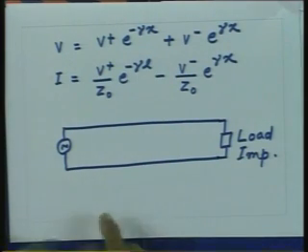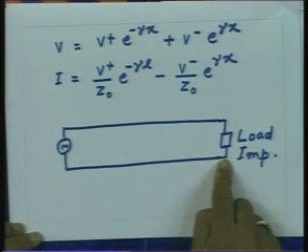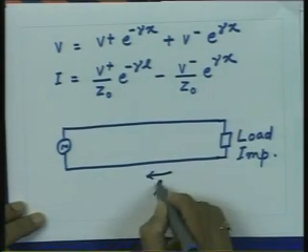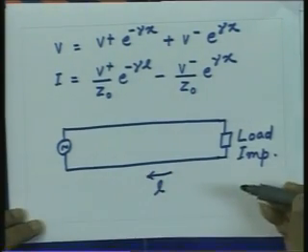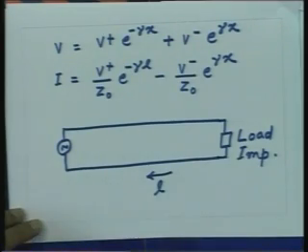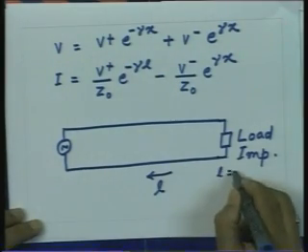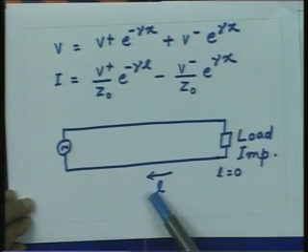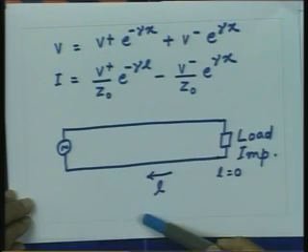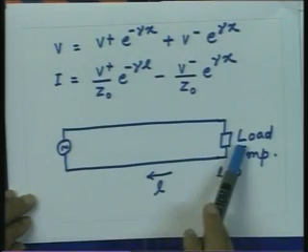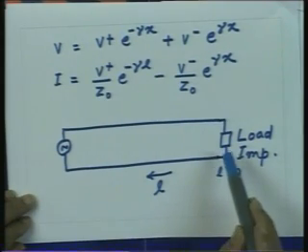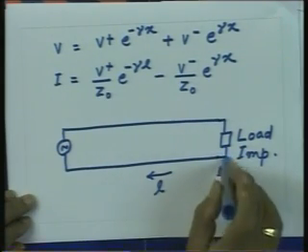So, let me define now, instead of x which was moving in this direction, a parameter L which moves in this direction. So, I have a distance which is now measured towards the generator from the load with L equal to 0 at the load point. So, L now is negative of x, because x was moving from left to right and L moves from right to left, and L equal to 0 is at the location of the load.